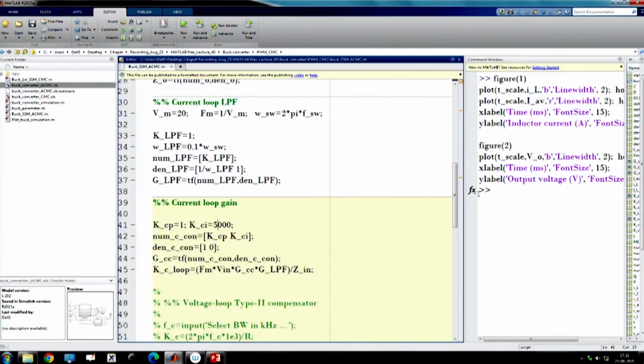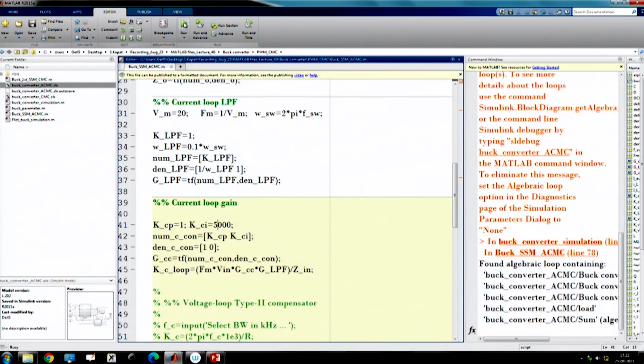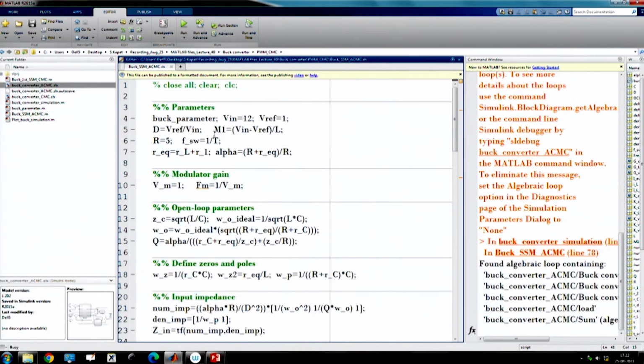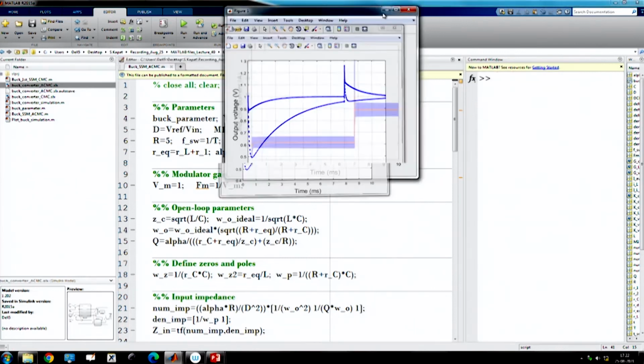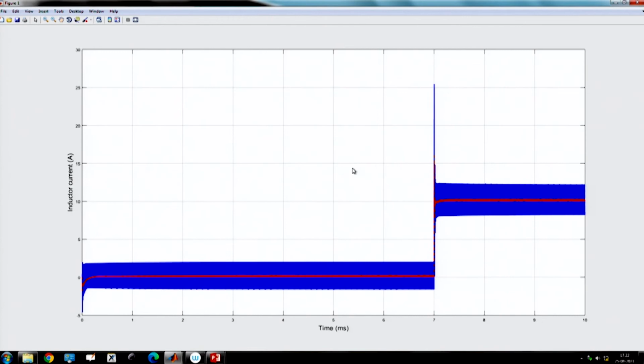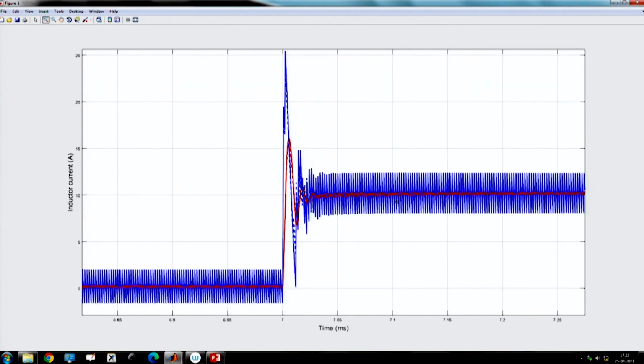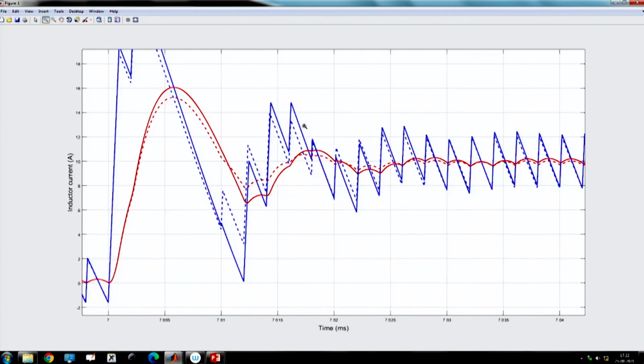So how to do that? You go to the integral gain, initially it was 50,000, I made it 5,000, and let us run it. On top of that earlier waveform I want to draw to see what happened. Since it is slowed down, it is taking time to respond, but we want to see whether there is any effect or not.